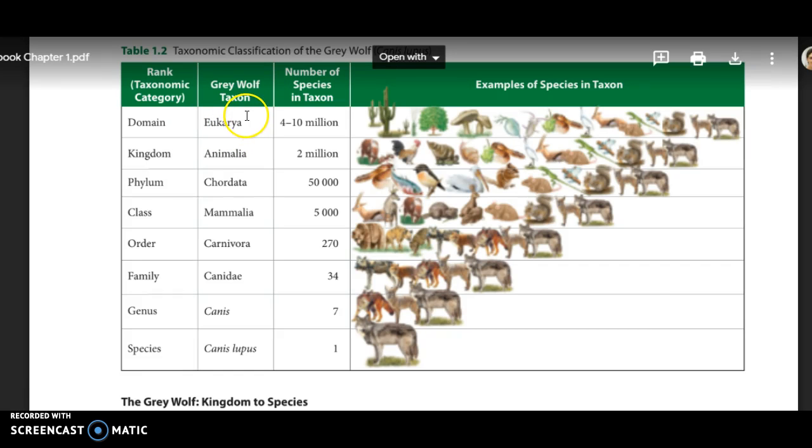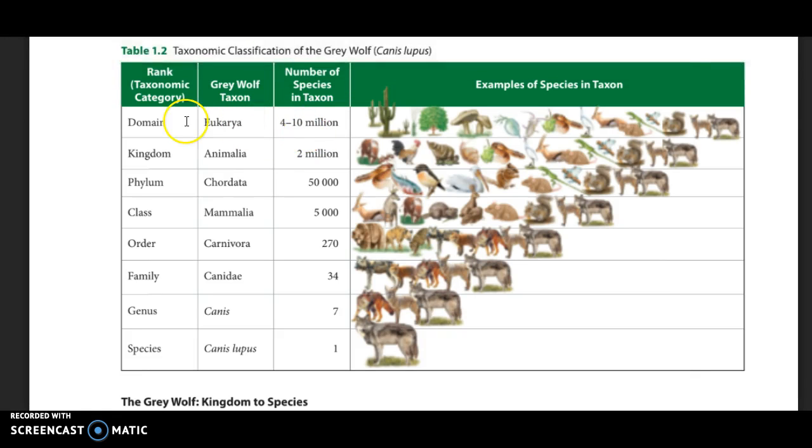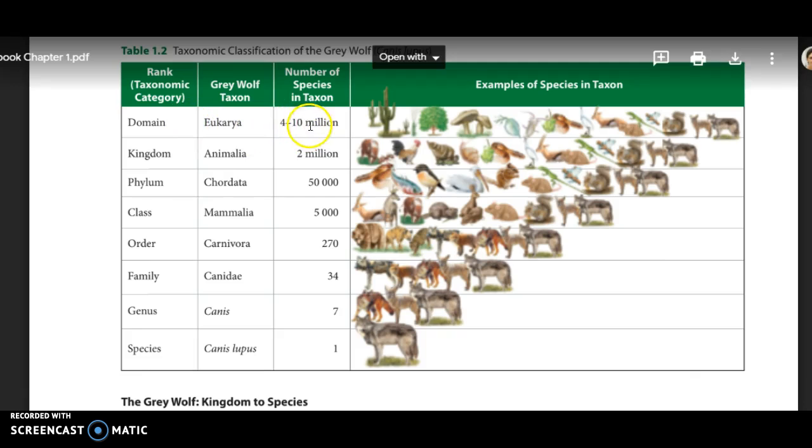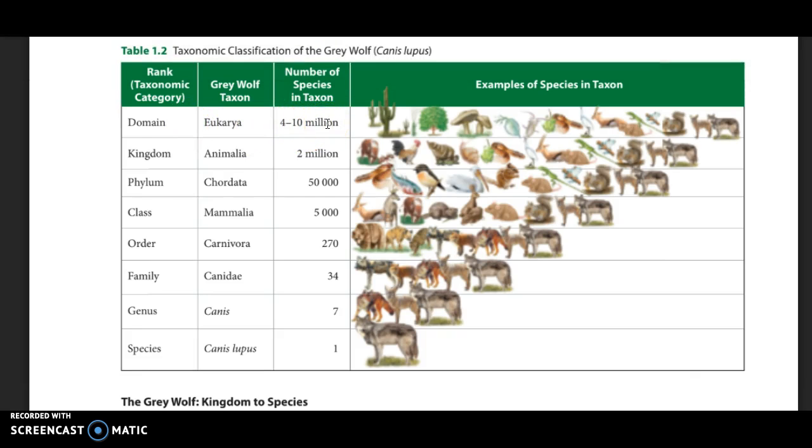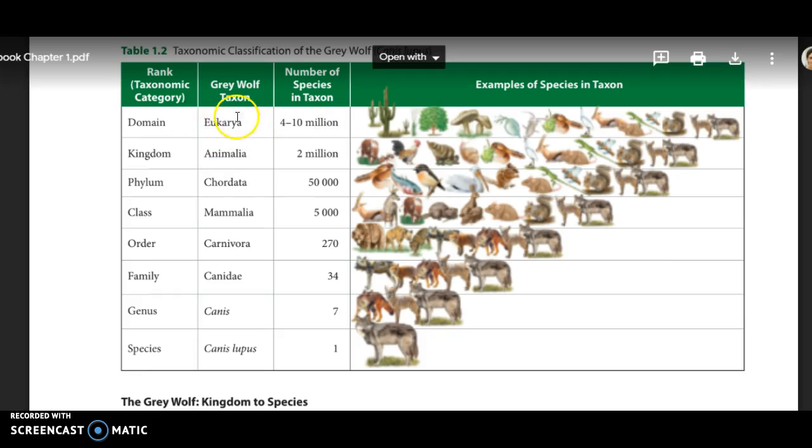We're not really there yet. So the taxon would be eukarya, and aside from the gray wolf, there are also 4 to 10 million other species in this taxon. Lots of organisms belong to domain eukarya, tons and tons of them. Here I can see some kind of mushroom, some trees, and so on and so forth.